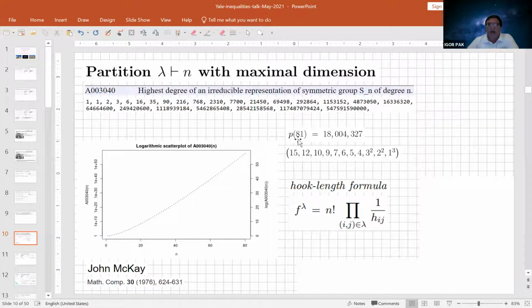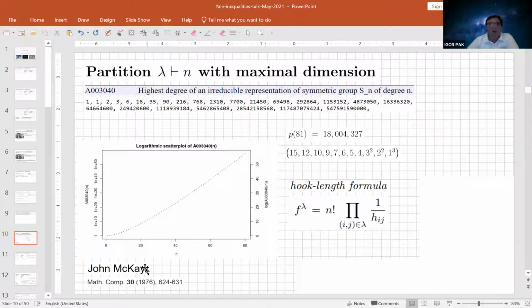The last number that's computed is for the number of partitions of 81. In that case, there are actually 18 million partitions of 81, and here is the precise partition which maximizes the dimension.